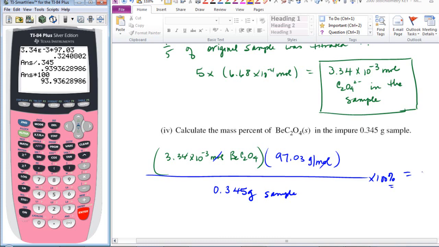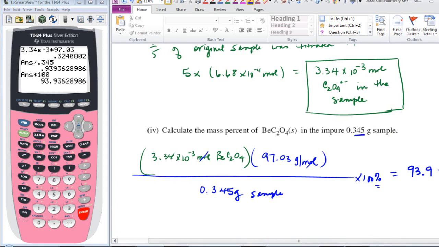And we come out with 93.9. 3 sig figs good? Yep. 93.9. Do not leave that naked. Be sure you put the percent on there.